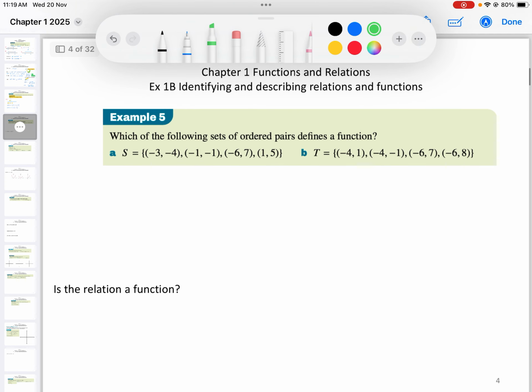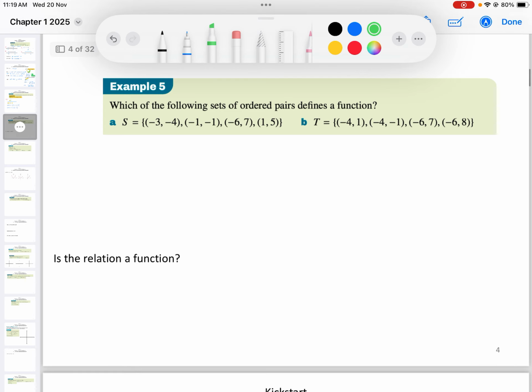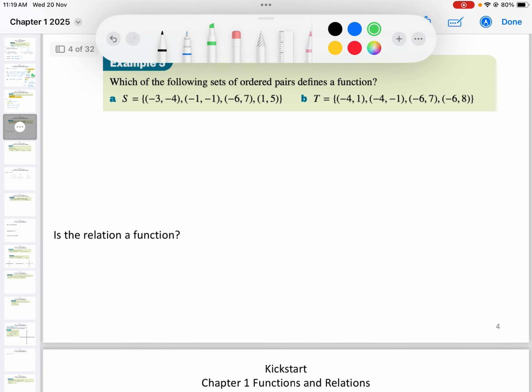All right, so what are we having a look at? What is a function? What is not a function? Relations are like everything. Everything is a relation. But is it a function? How do we know if it's a function?